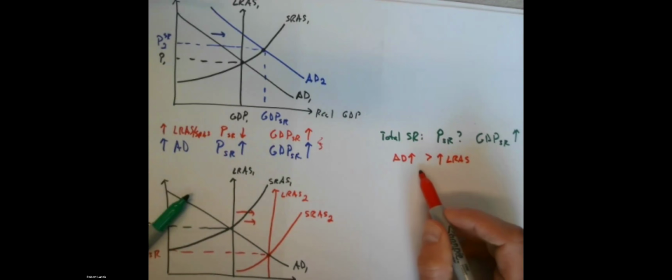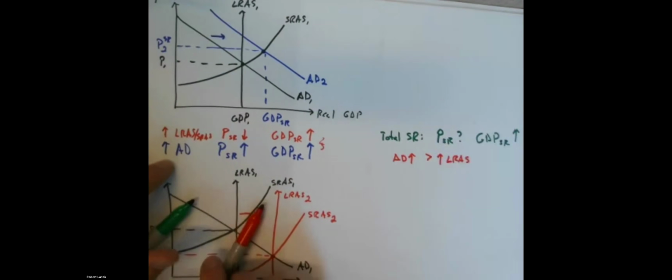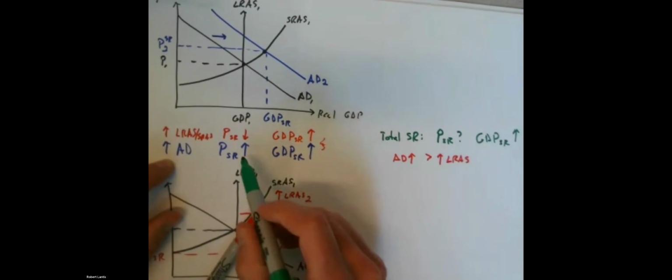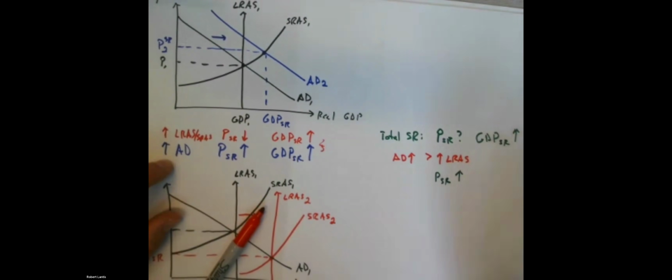So if that's the case, we now can say what's going to happen to prices because if this shift is larger, its change to short run prices will be the one that dominates. So we know that we're going to have prices increase. Or in the short run, we'll experience inflation.